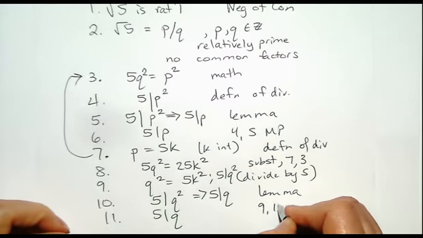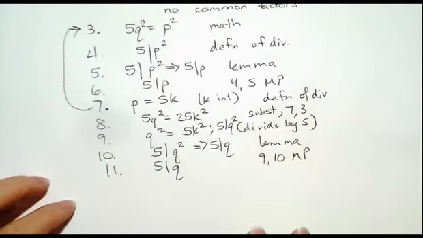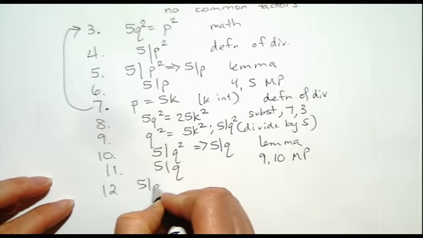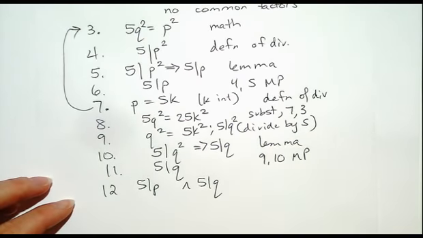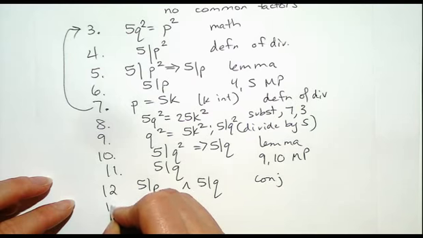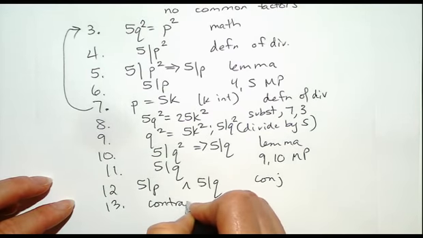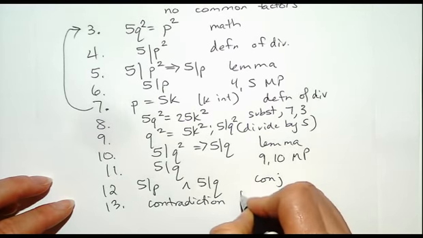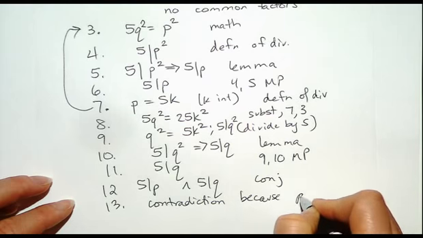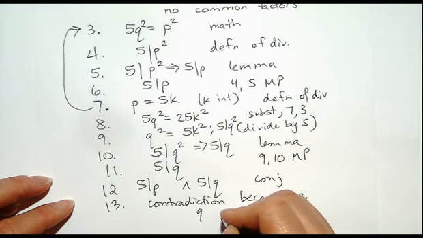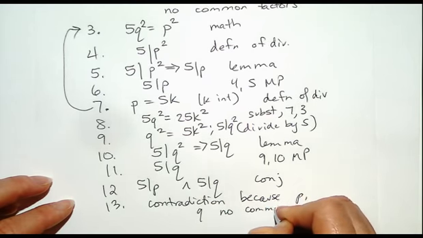So I'm going to combine lines 9 and 10 together with modus ponens to get 5 divides Q. But now I have that 5 divides P and 5 divides Q by conjunction. And that's a contradiction because P and Q were not supposed to have common factors.